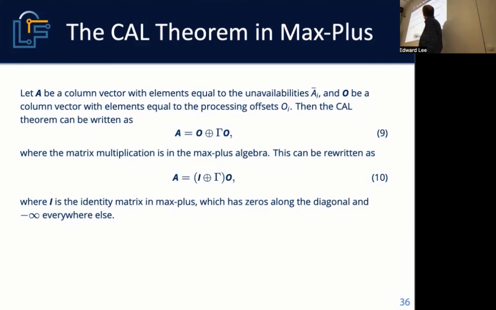And I is the identity matrix in max plus, which has zeros along the diagonal and minus infinity elsewhere. So the additive identity is minus infinity, the multiplicative identity is 0. So the identity matrix has zeros on the diagonal.